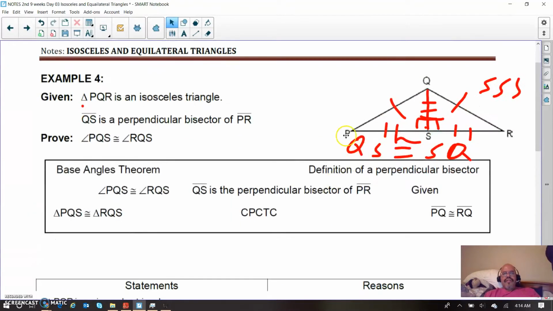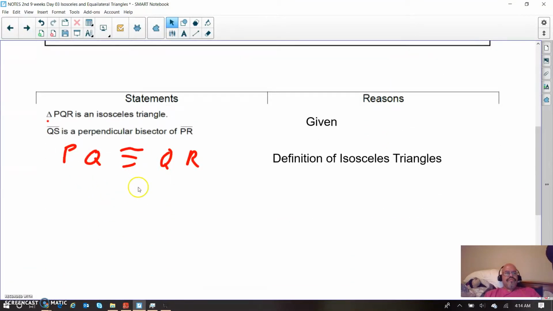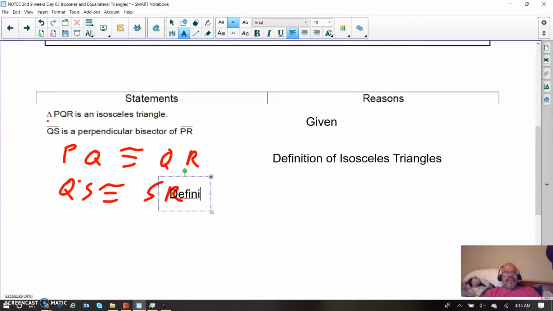Next, we have QS is congruent to SR. All right, and that's the definition of perpendicular bisectors.